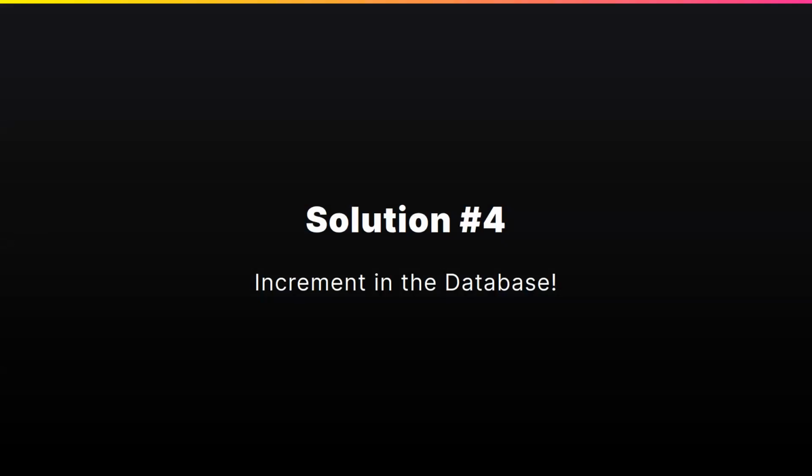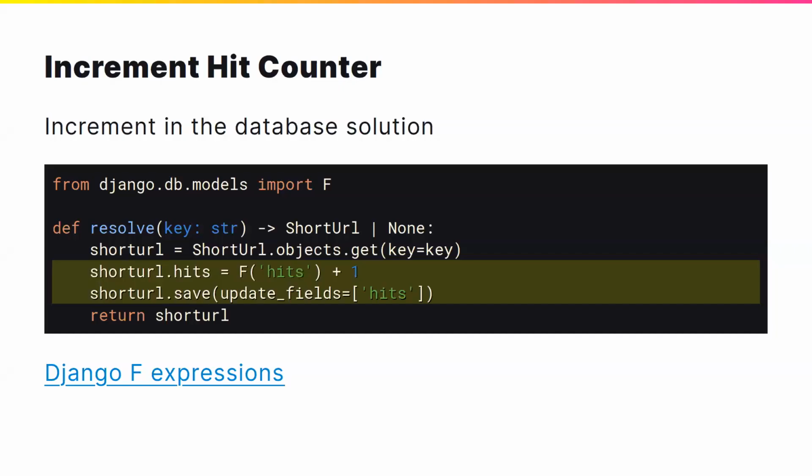So once again, if we dig deeper and try to find a solution that does not involve locking, we can think once again of doing something in the database. In this case, we want to increment in the database. The problem that we had previously is that we updated the hit counter based on the value we had in the application's memory, right?